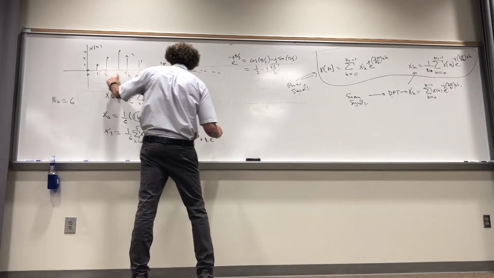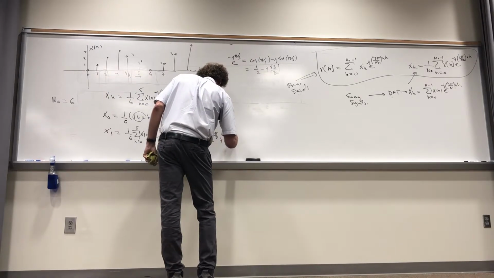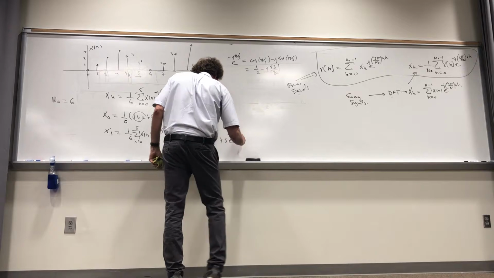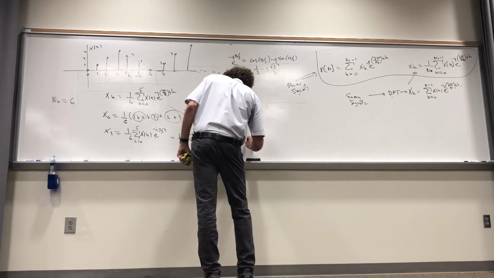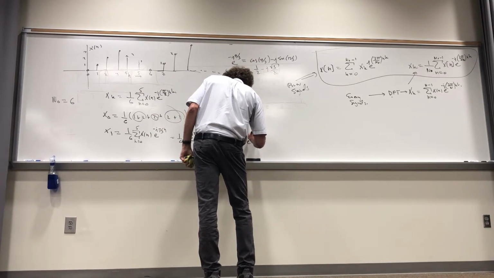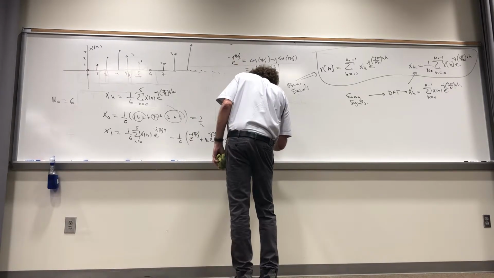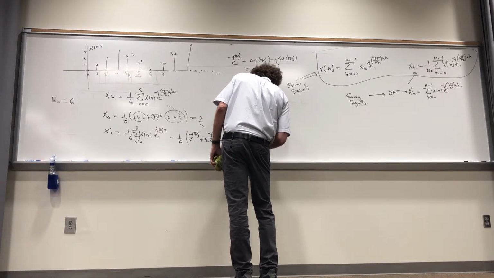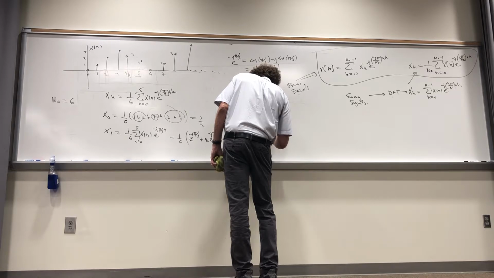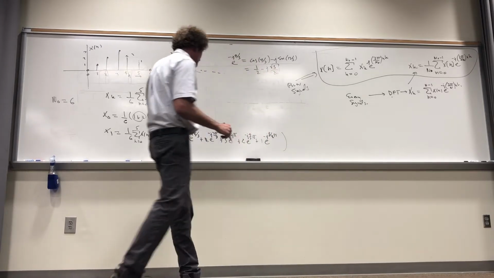Plus 3 e to the minus j pi plus 4 e to the minus j, what? 4/3 pi, right? I mean, not 4, 2, pardon me, 2. And then plus 1 e to the minus j, what? 5/3, right? Pi. And you add them up, right?